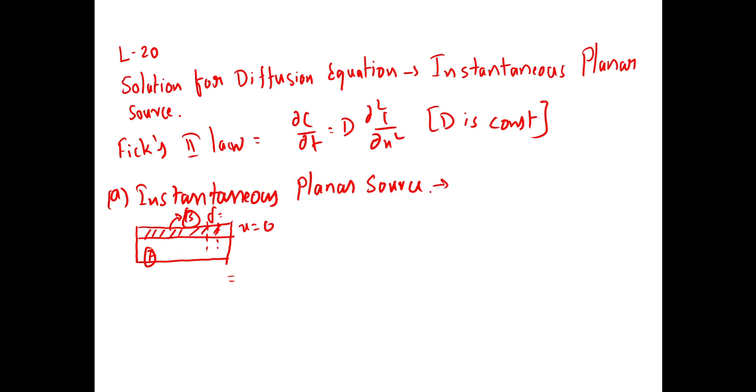Let's start. First, I'll briefly explain the boundary conditions. We assume the thickness of this layer as 0, a very thin layer, so that's why we consider it as 0.